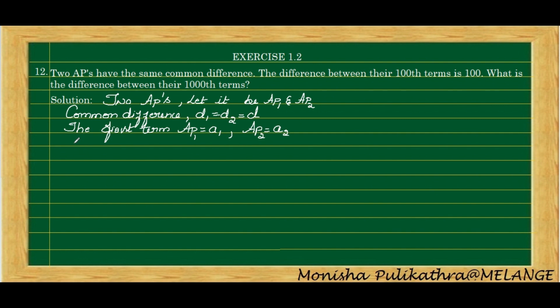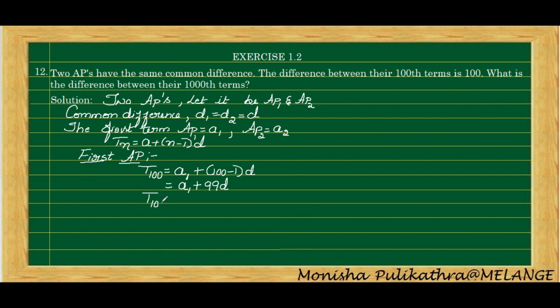Next they have given that the difference between the 100th term is 100. Before that, let us write the equation for that. So for the first AP, we need to apply the Tn formula here, A plus n minus 1 into D. For the first AP, the 100th term will be A1 plus 100 minus 1 into D. So the 100th term will become A1 plus 99D.